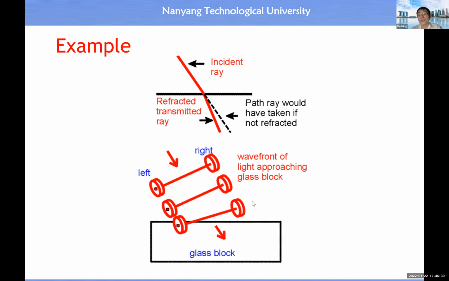Before the right wheel. Then this difference of timing will make the light change direction, all right? And it will change direction, making the angle of refraction become smaller because the light has a tendency to become perpendicular to the surface, all right? So this is why you see this phenomenon, okay?